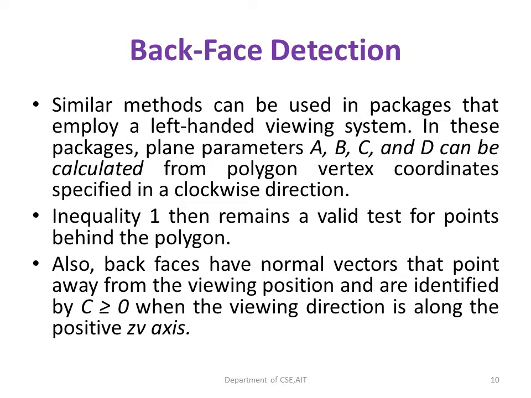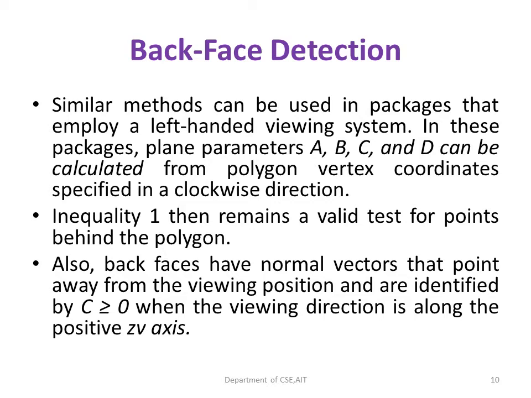And the axis that I am going to consider here will be the zv axis. So all these are just opposite to the right-handed viewing system. Clockwise direction, and then c should be greater than or equal to 0, and the axis is the positive zv axis.